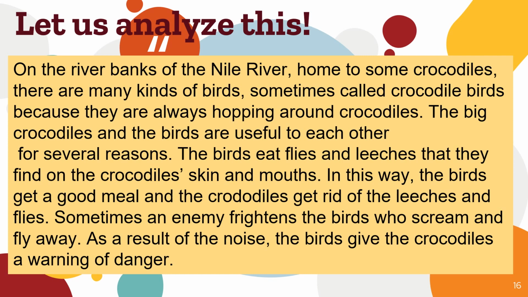The birds eat flies and leeches that they find on the crocodile skins and mouths. In this way, the birds get a good meal and the crocodiles get rid of the leeches and flies. Sometimes an enemy frightens the birds, who scream and fly away. As a result of the noise, the birds give the crocodiles a warning of danger.